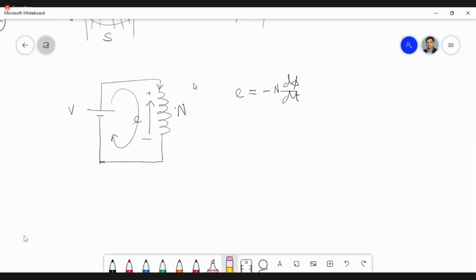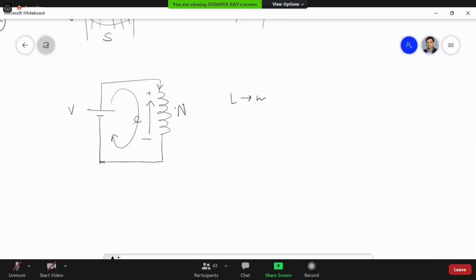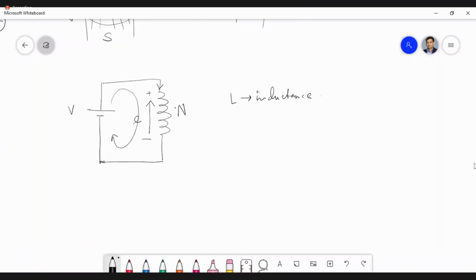Now, if you can remember, forget about this end. If the inductance of the coil is L, is the inductance. Inductance of the coil.